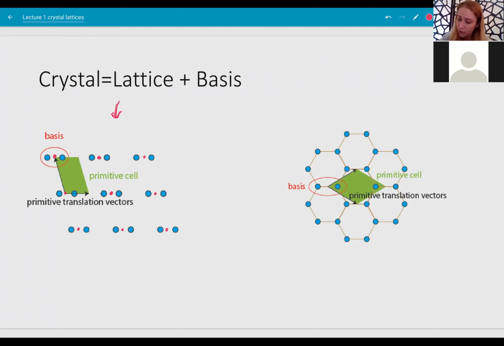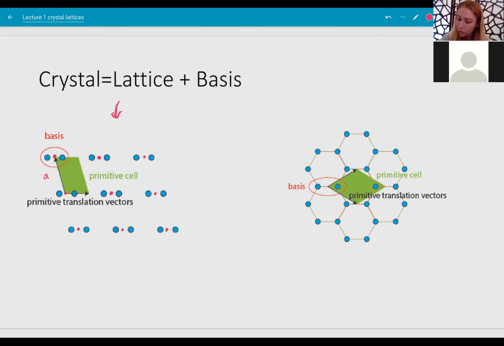Our primitive translation vectors, I'm going to write this one as A2, and this one right here that's horizontal as A1. Those are our 2 vectors, and we can still use those 2 vectors to reach all of the points in our lattice. The points in the lattice are the little pink dots that I drew by hand.